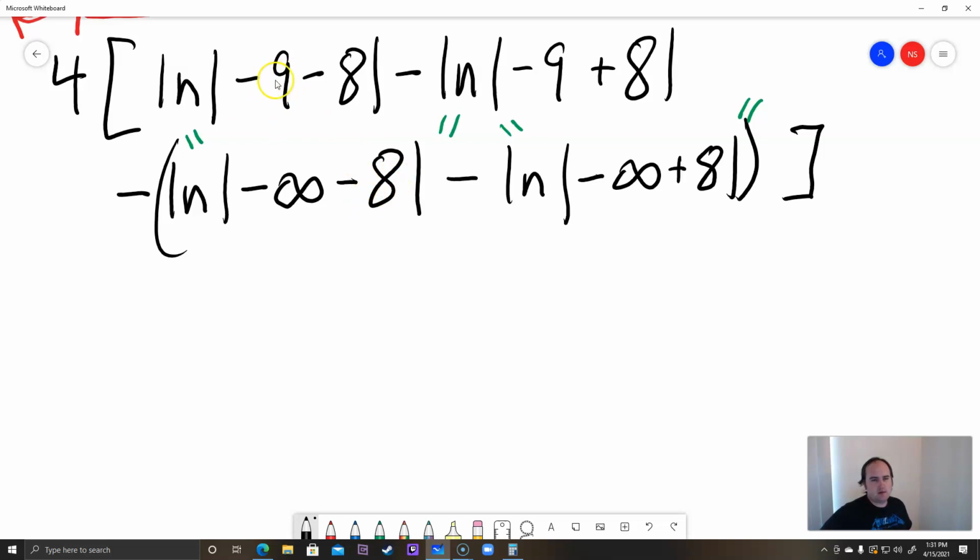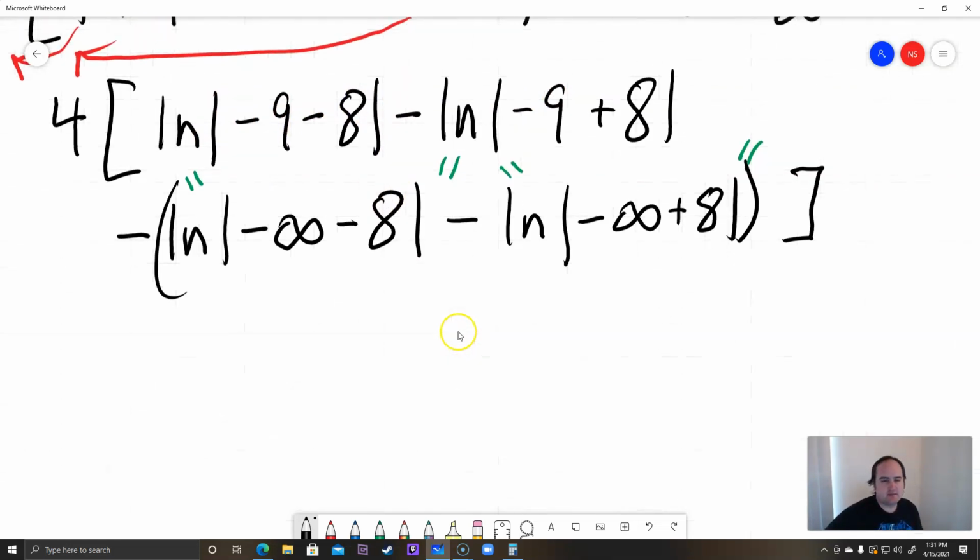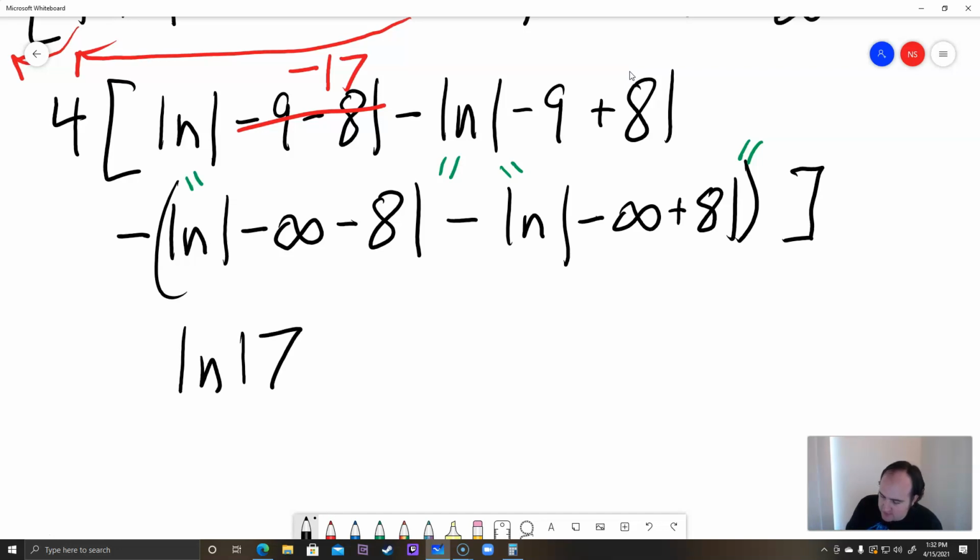And then up here, for these ones, for the numbers, they're pretty easy. So negative 9 minus 8 is actually negative 17. Okay? So up here we have negative 9 minus 8 is negative 17. And it's natural log of absolute value of negative 17. And the absolute value of a negative number is just the positive version of the number. Okay, so that's actually going to be ln of 17.